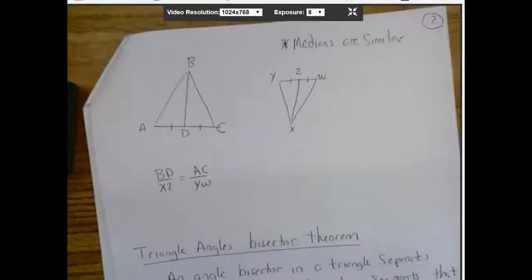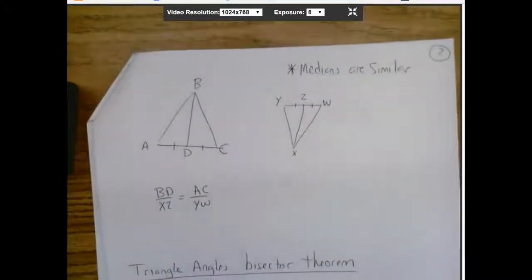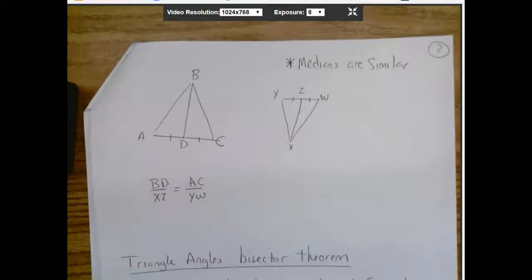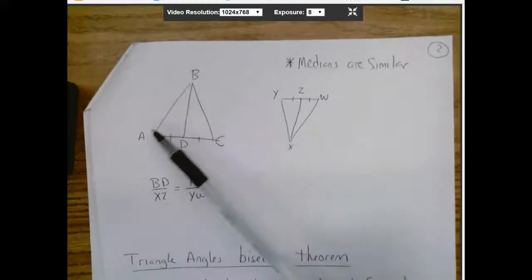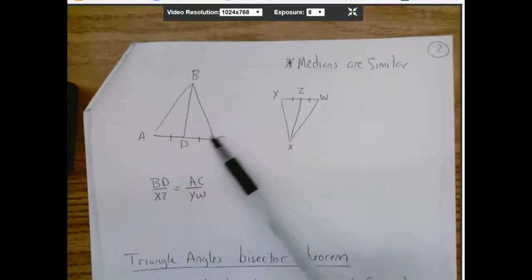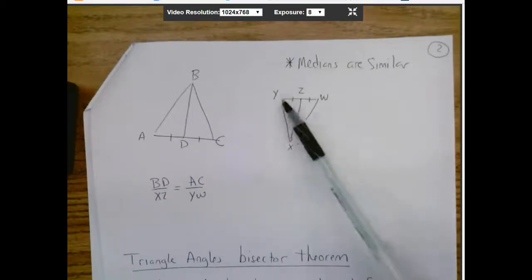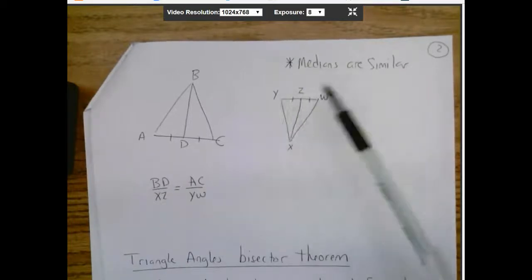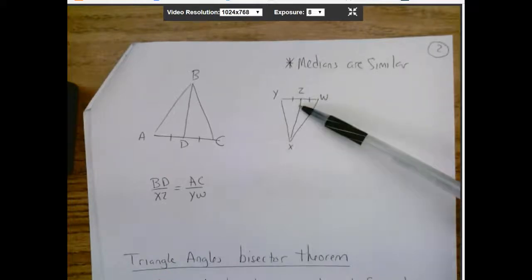So if we then look at medians as well, you realize that they are also similar parts for triangles. So here we have this ABC, and this median cuts it into two equal sections. This one, XWY or Y, whatever it is, and then ZX cuts this triangle into two equal sides.